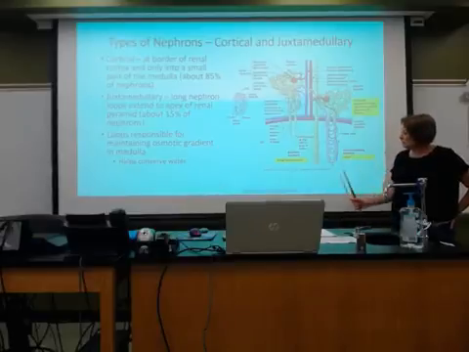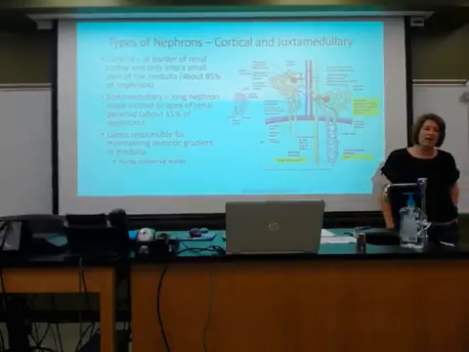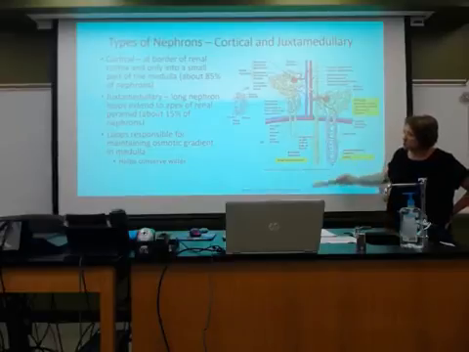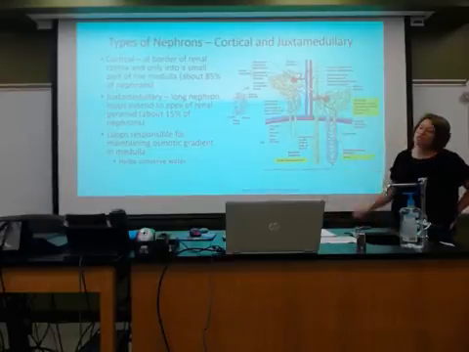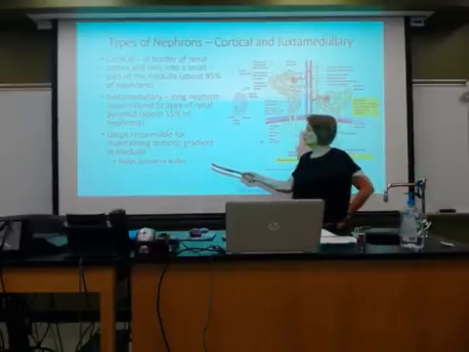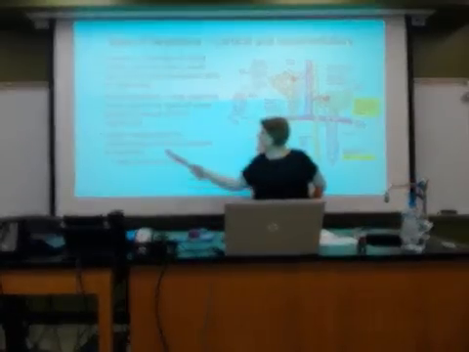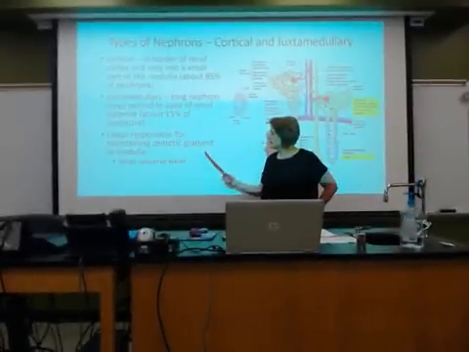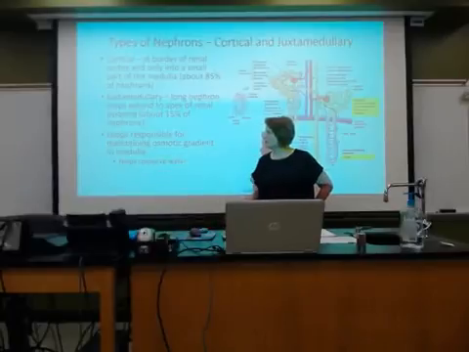The loops that we're going to find in this medulla region, the juxtamedullary only make up about 15% of our nephrons, but the loops maintain osmotic gradient in the medulla.